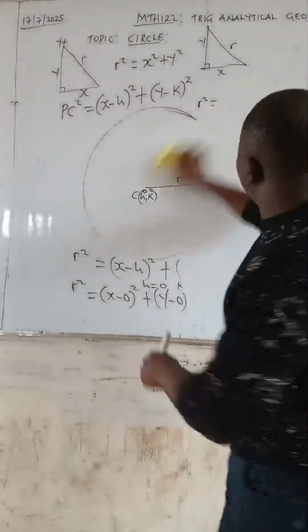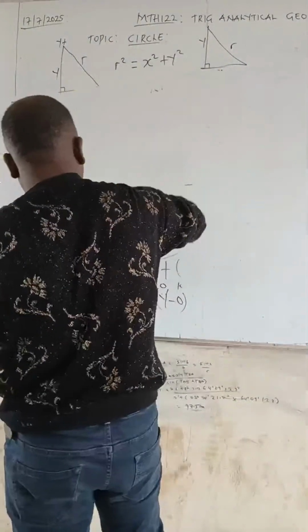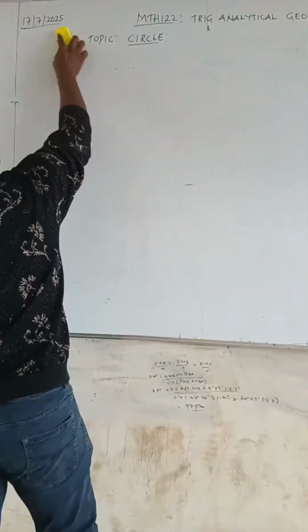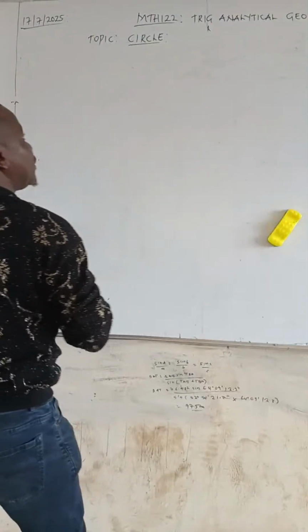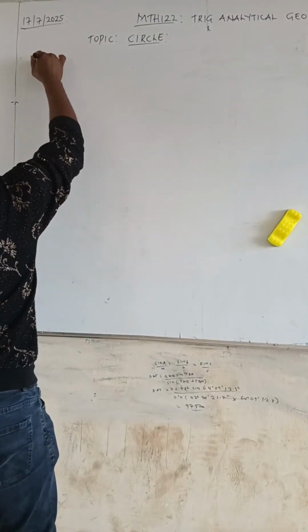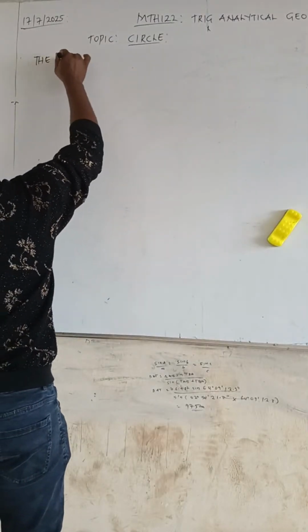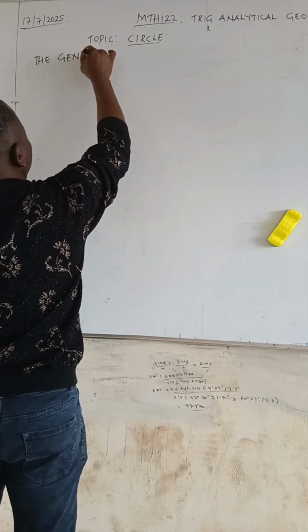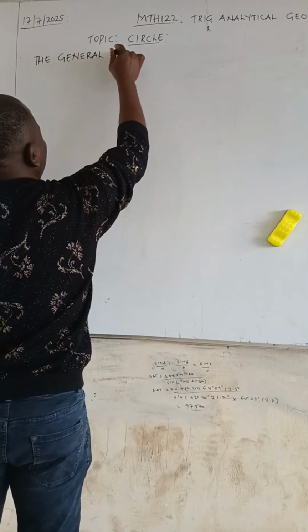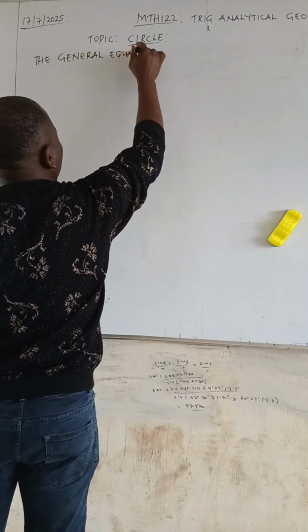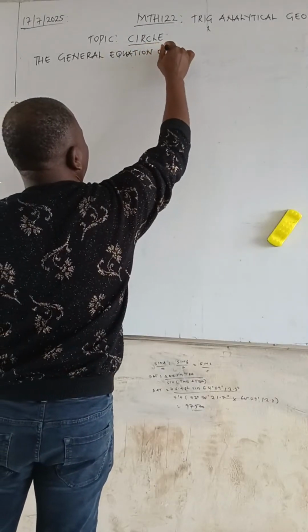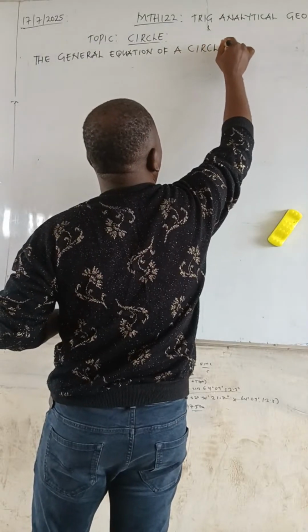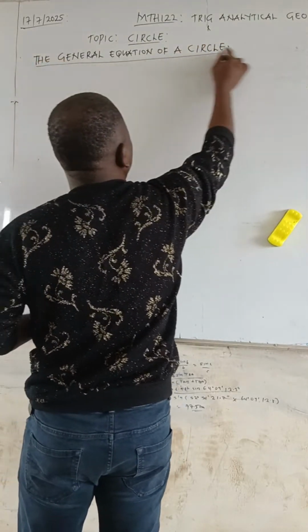So now let's move to consider the general equation of a circle. The general equation of a circle. Okay.